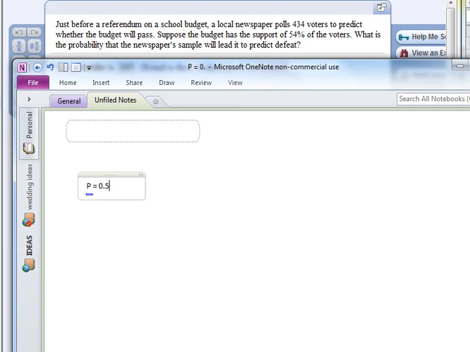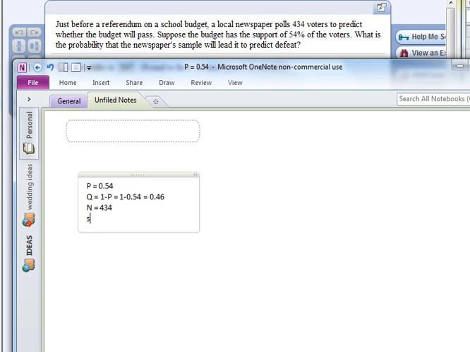So I'll put 0.54, which means your Q is going to equal 1 minus P, or 1 minus 0.54, which is 0.46. Now, they did tell you that there was a poll of 434 voters. So that is your N, that's your sample size.